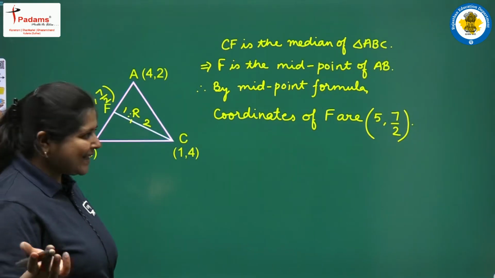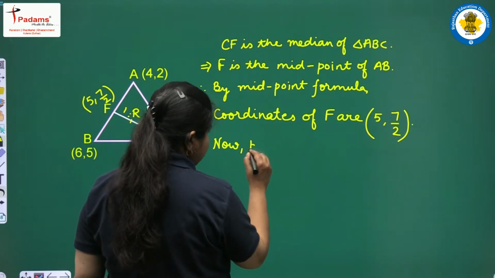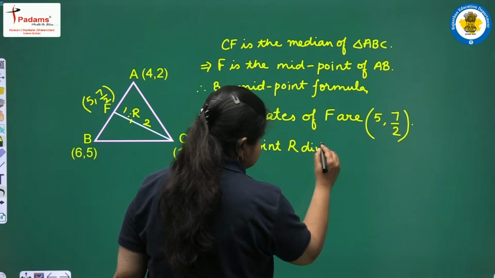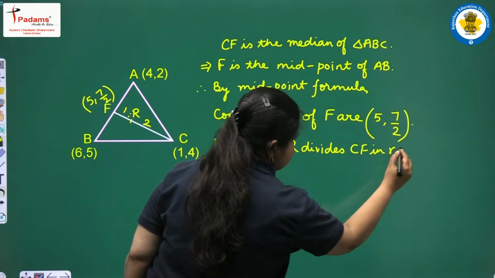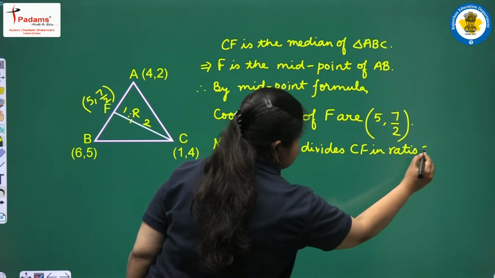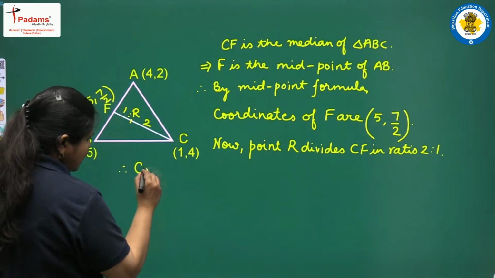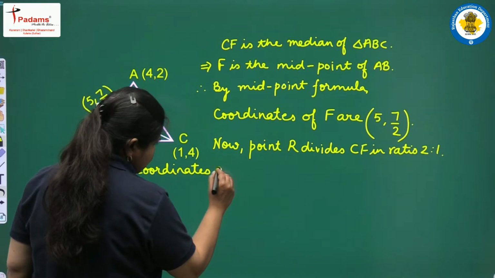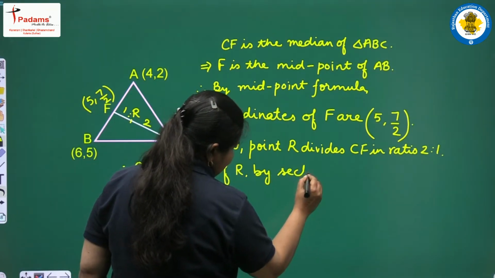सेक्शन फॉर्मूला अप्लाई करेंगे. वी राइट हियर now point R divides CF in ratio 2:1. Therefore, coordinates of R by section formula.